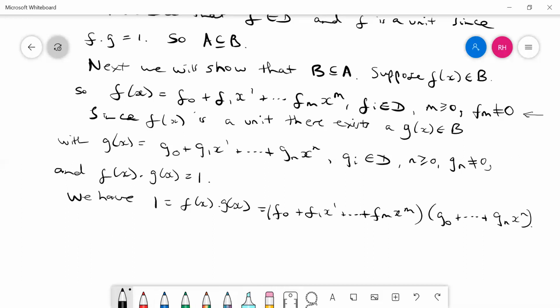So 1 is equal to F0 G0 plus all these other terms, and finally Fm Gn x to the m plus n.